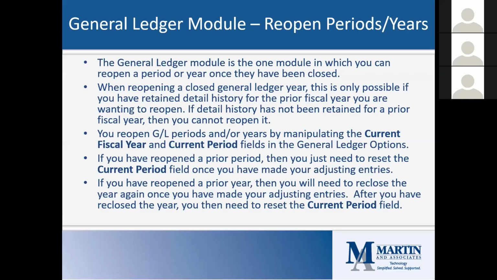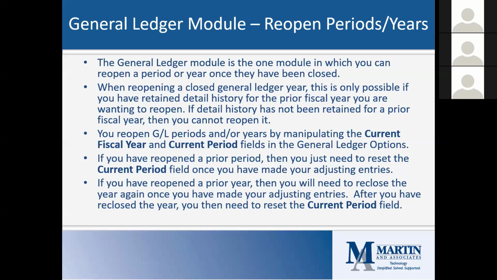If you don't reclose that year, that functionality won't happen. So if you adjusted a balance sheet account after you reopened the year and didn't reclose, the ending balance for 2021 for the account you affected will be different than the beginning balance for 2022 for that account. That's only if you're reopening a year.